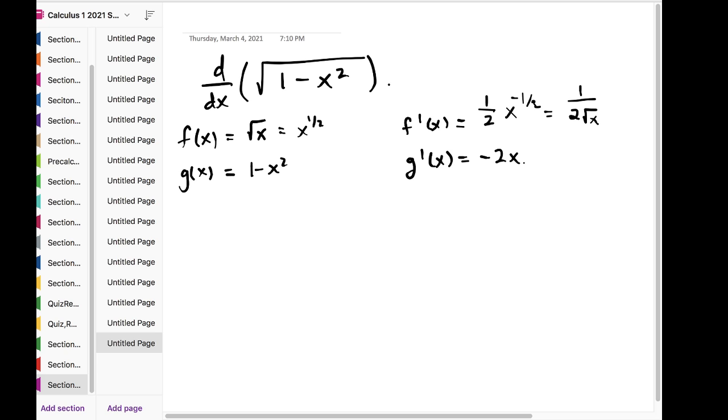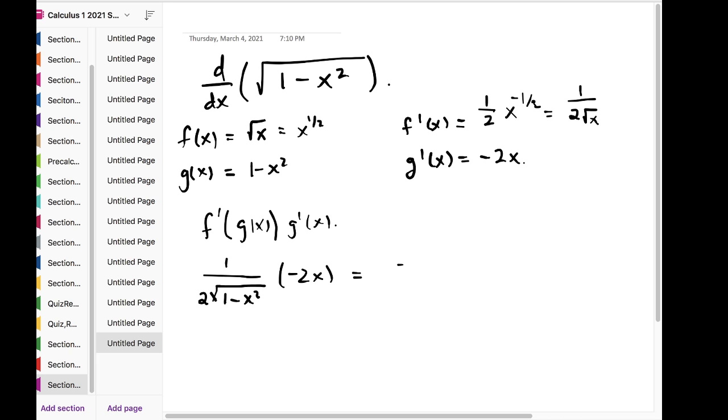So what's the derivative? So we have 1 over 2 radical 1 minus x squared times negative 2x. So this is negative x over radical 1 minus x squared.